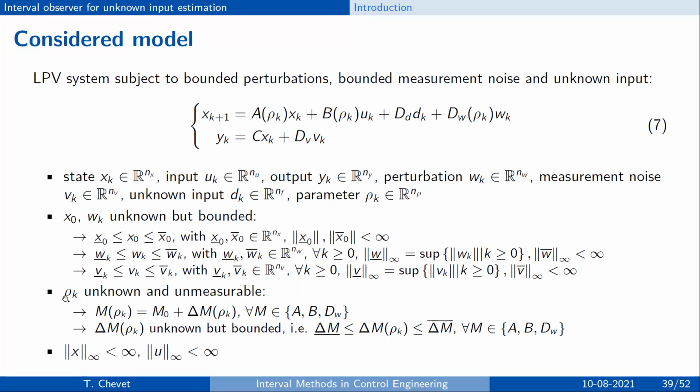Again, we consider that the parameter is unknown and unmeasurable, but that we can split the parameter varying matrices into a fixed and a parameter varying part, the parameter varying part being unknown but bounded. And again, we assume that a controller has already been designed for this system, so that the known input and the state vector remain bounded over time.